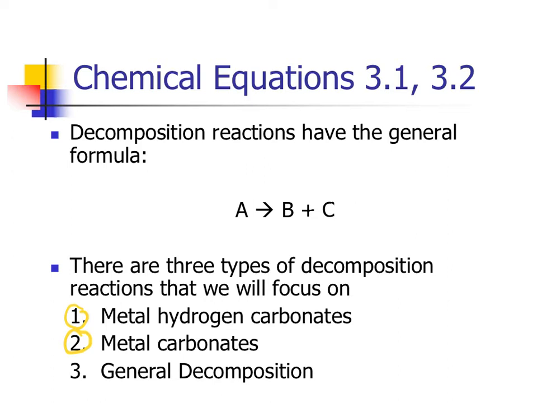Okay? The general decomposition reactions do not have a nice, neat, always gonna give you these products. So that's why we kind of mess with things a little bit. But the metal hydrogen carbonates and the metal carbonates always give us very predictable products.